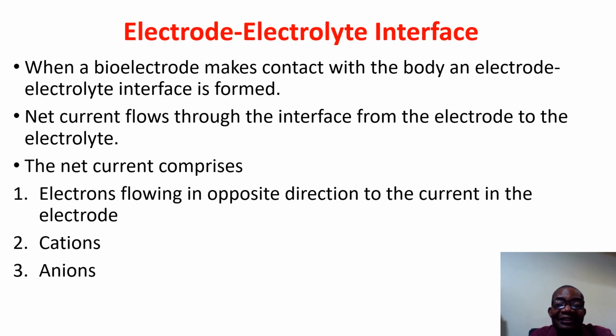Then let's look at the electrode-electrolyte interface. When a bioelectrode makes contact with the body, an electrode-electrolyte interface is formed. When you place that bioelectrode on the surface of the skin, there is an interface between the electrode and the electrolytes.